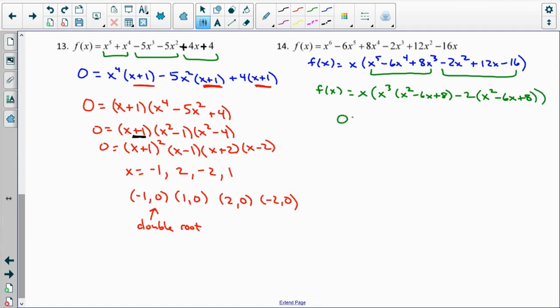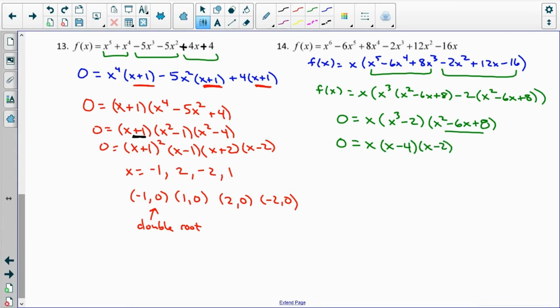I can have x times x cubed minus 2 times x squared minus 6x plus 8. So the x is a factor. X squared minus 6x plus 8, I'm going to write that as x minus 4 times x minus 2.